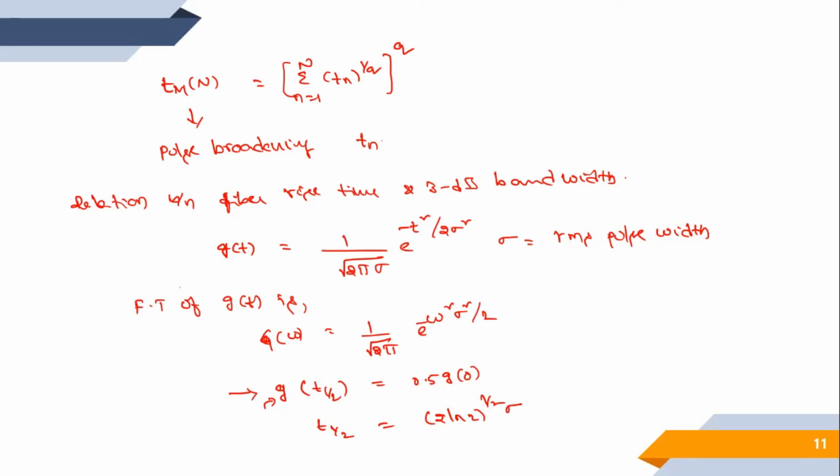And based on this, the full width half maximum of the pulse is given by the expression T FWHM is equal to 2 into T half is equal to 2 sigma (2 ln of 2) whole to the power of 1 by 2.